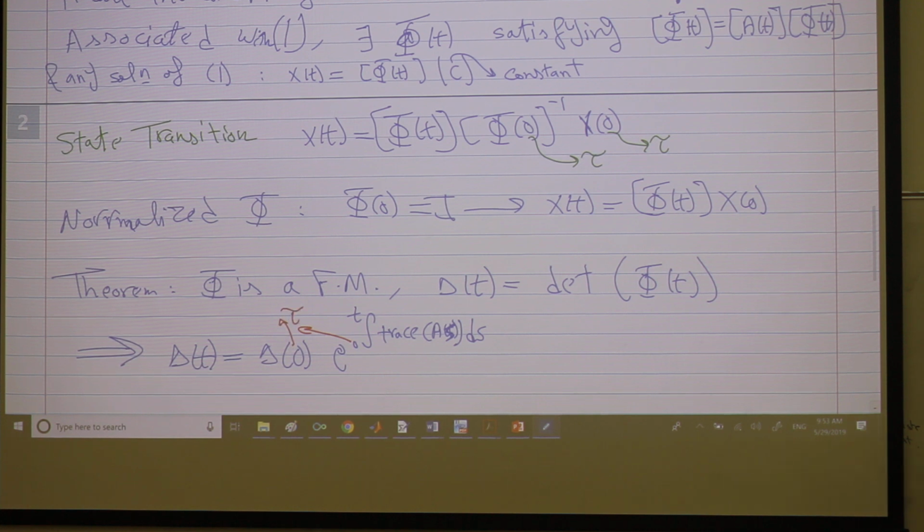So in particular, you may write this differential equation for the determinant: delta dot is delta times the trace of A of t.